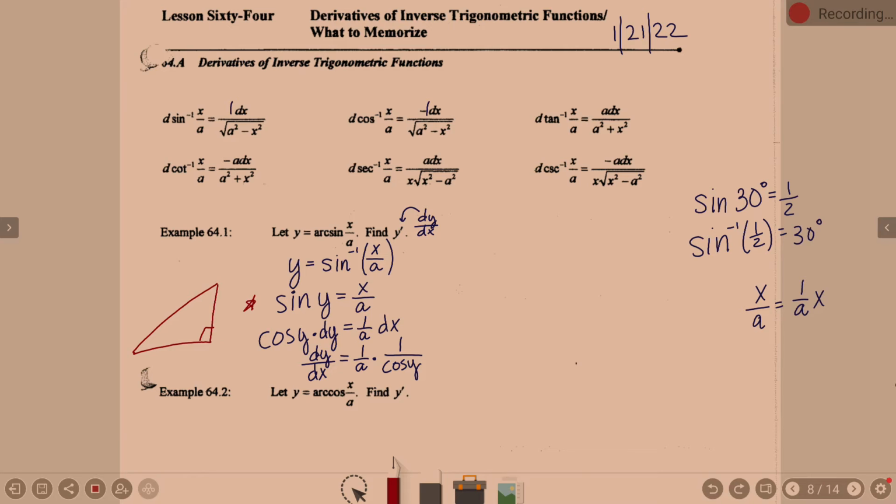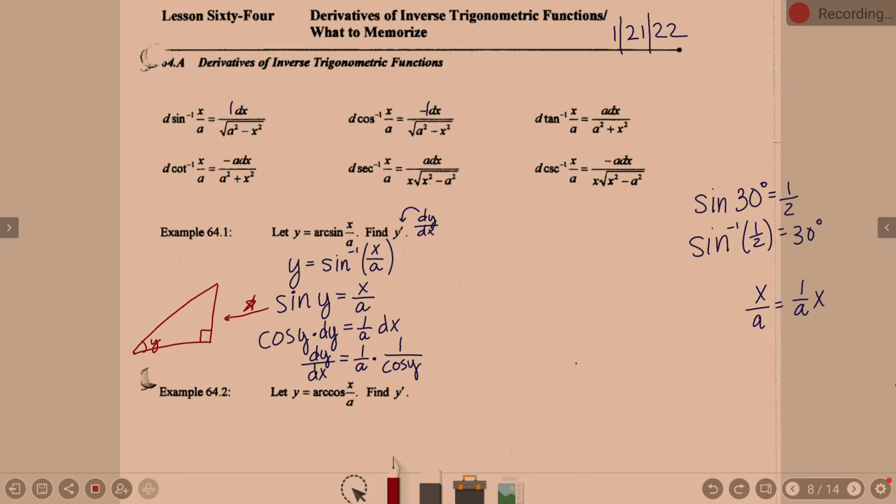That's a horribly drawn right triangle, but you get the idea. Sine of y equals x over a. Okay, so sine of y, that means y is an angle, correct? And I just chose to make y that bottom left angle.